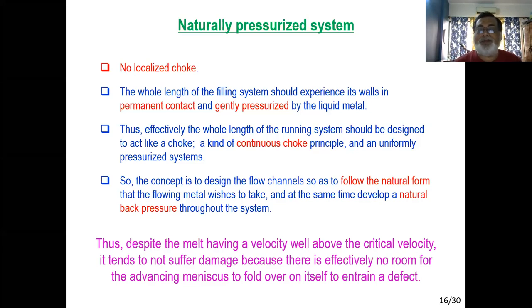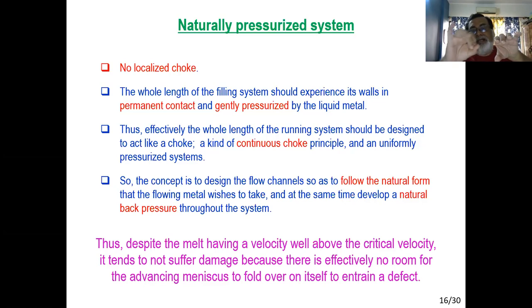In the naturally pressurized system, we tend to follow the flow of the liquid metal. We design the gating system in such a way that the area of the channel will always follow the flow of the liquid metal. So if the flow of the liquid metal is like this, the area of the channel would be like this.